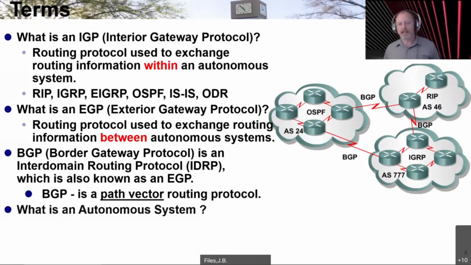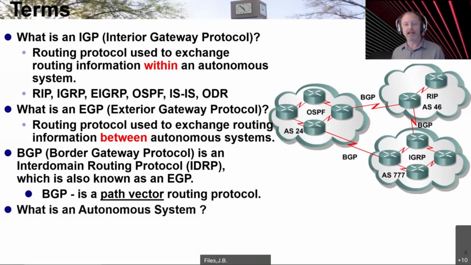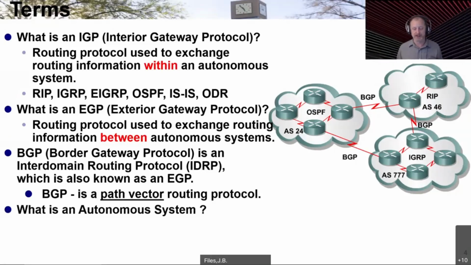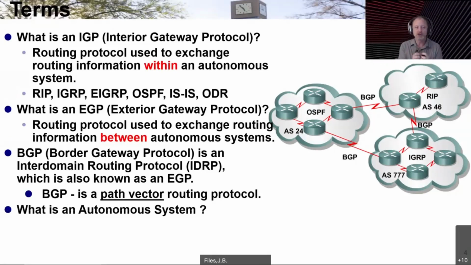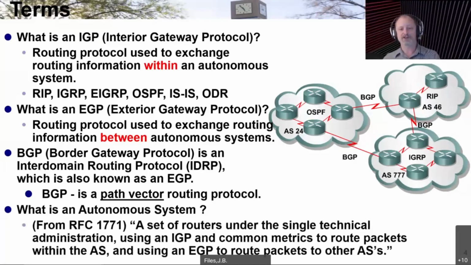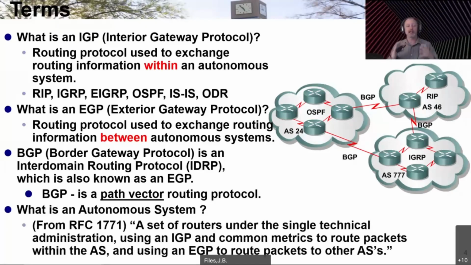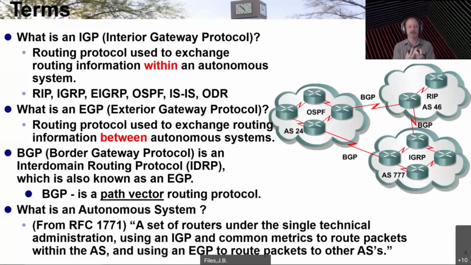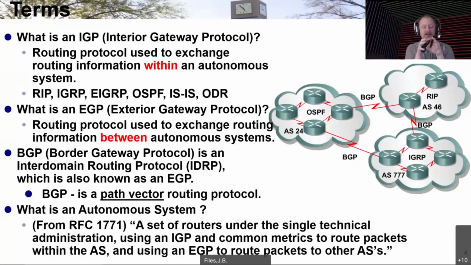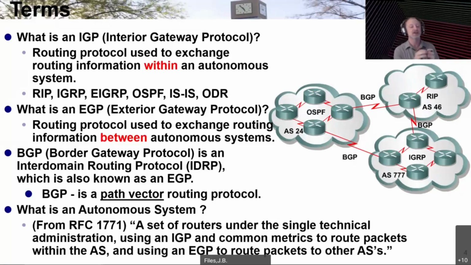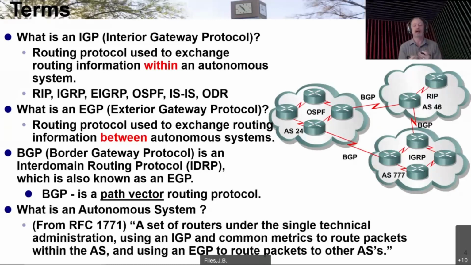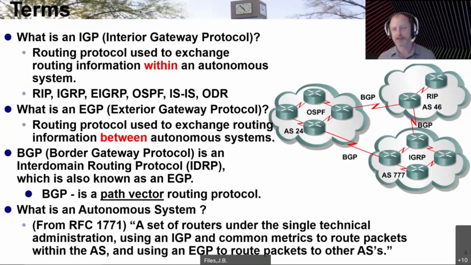The first thing we need to understand in this context is what is an autonomous system. There's kind of two meanings here. One of them is just a set of routers under a single technical administration. So that's our autonomous system, and then we use our exterior gateway protocol to route packets to other autonomous systems.